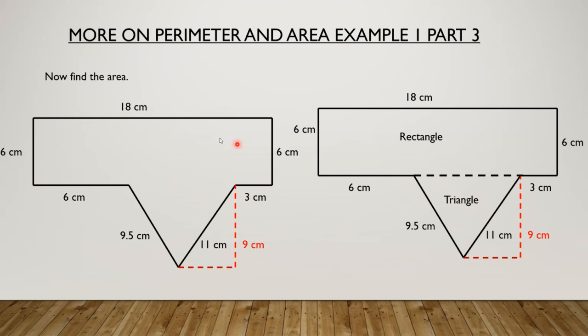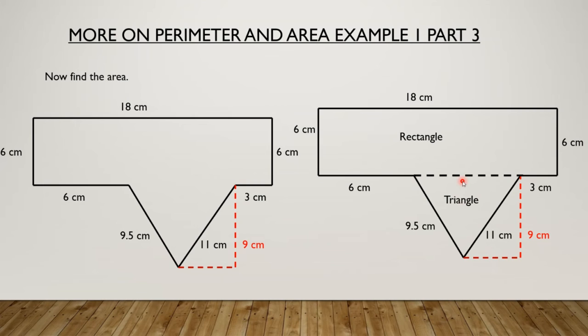So again, this was the original. This is what I was trying to say before. Sometimes you will have to draw in a dashed line like this to break up the region. And then you take the area of each piece. And sometimes there might be more than one way to accomplish that. I mean, this was the only way I could think of.